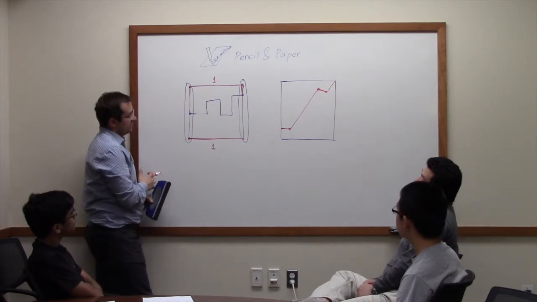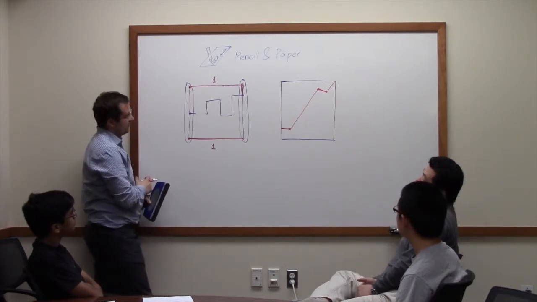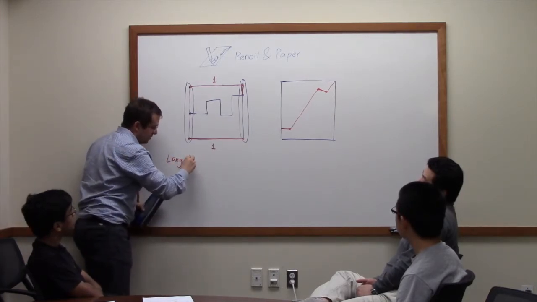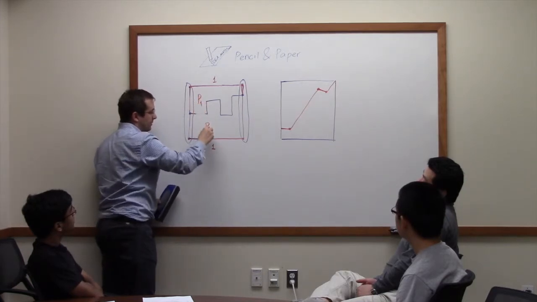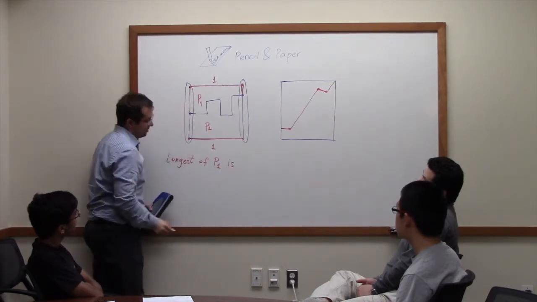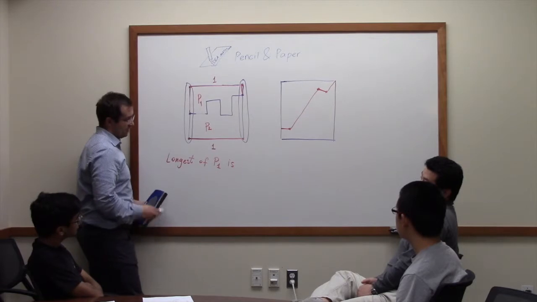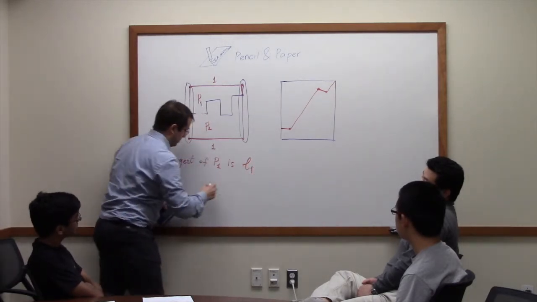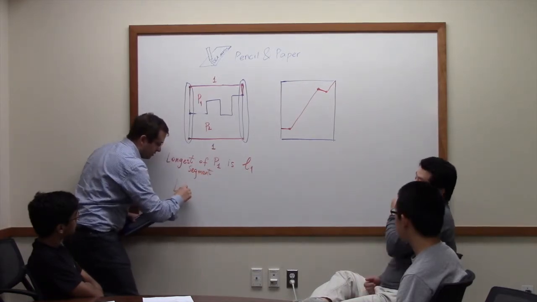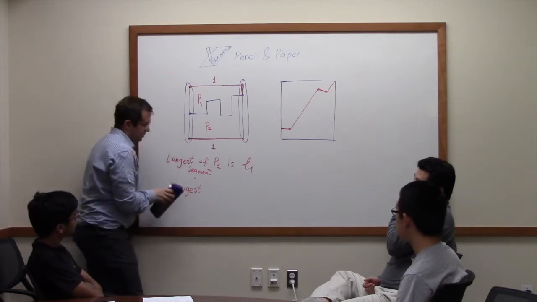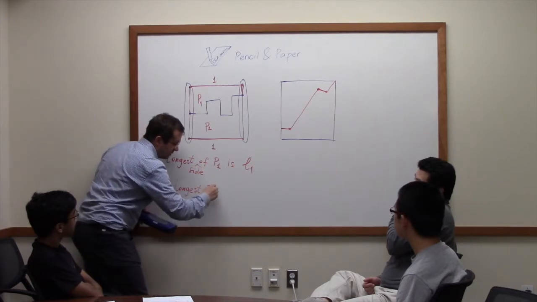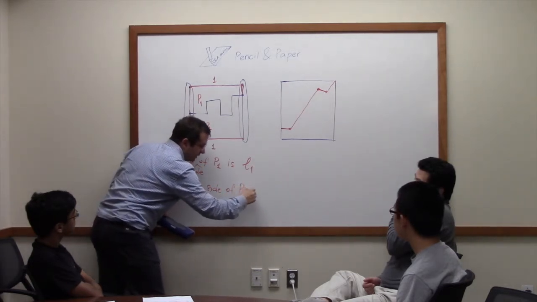So if you look at the longest segment, I think you might want to write those things now. So call the two polygons P1 and P2. You're claiming that the longest segment of P1, say L1, is equal to the longest segment of P2, L2?